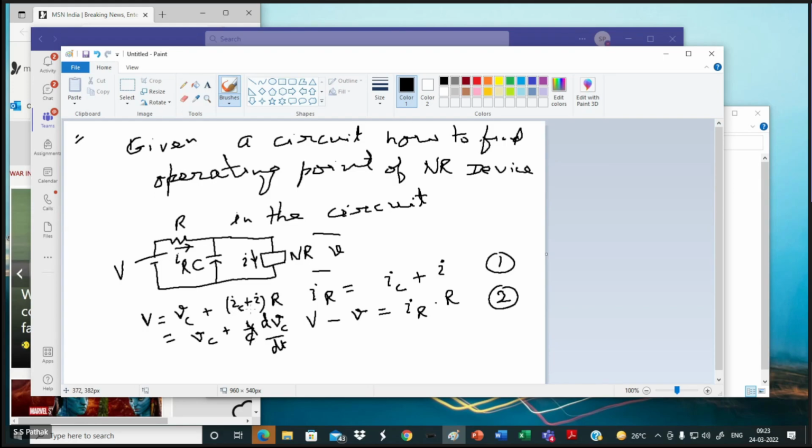IC into R into C into this thing. So it will be your RC. RC dVC by dt is coming here. The VC plus this thing plus coming here as your IR, I into R.